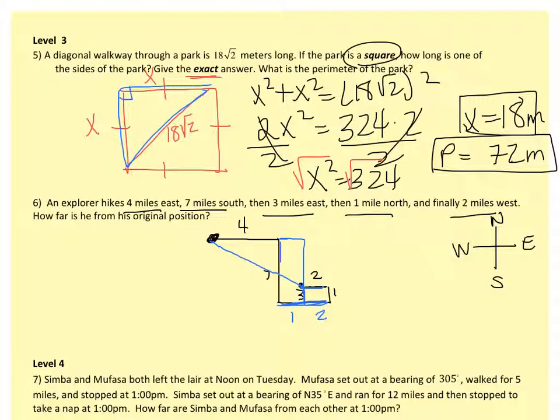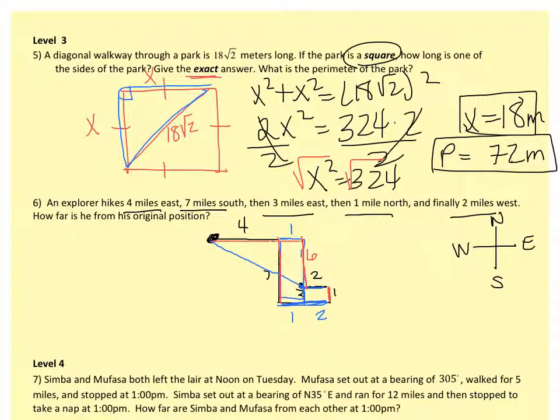So using this rectangle in here, I know that that's going to be 1 up top. Same thing looking vertically. We've got this 7 mile south journey and this 1 mile north journey. That means that to get back to his original spot, this distance here is 6.